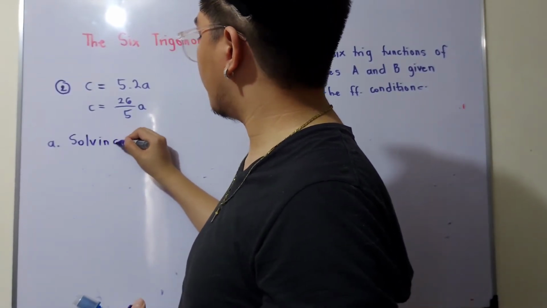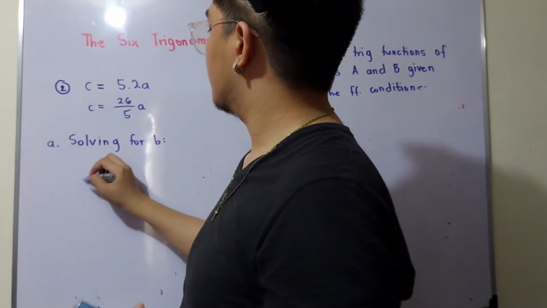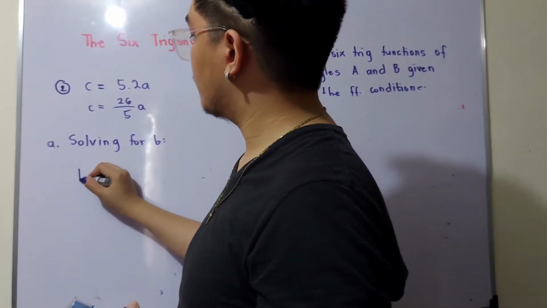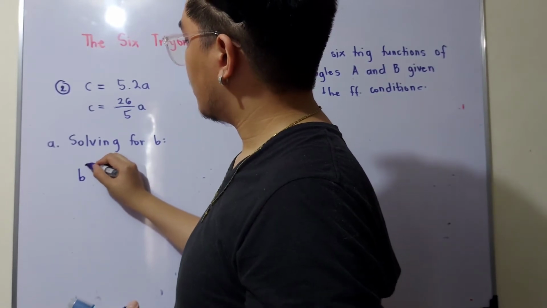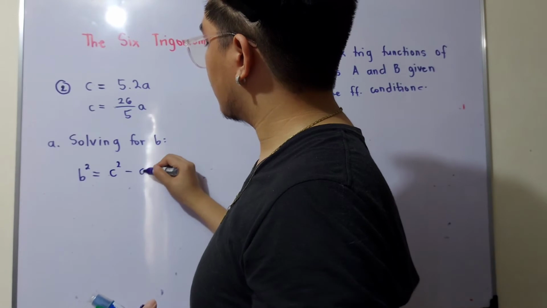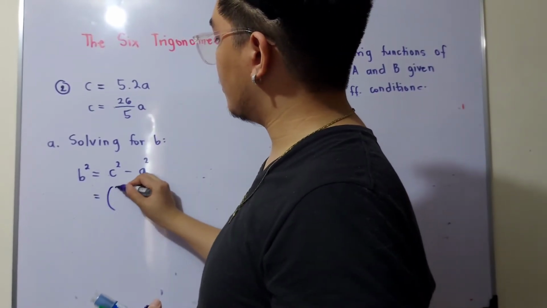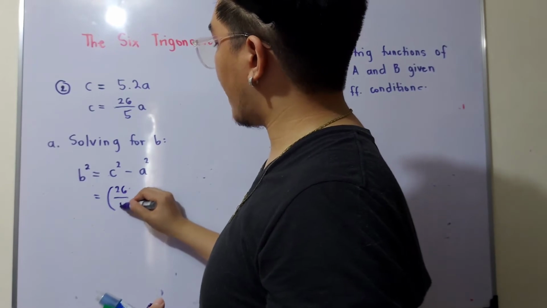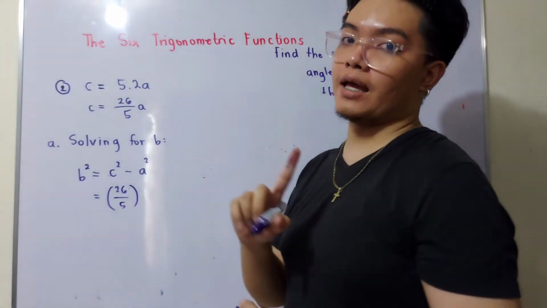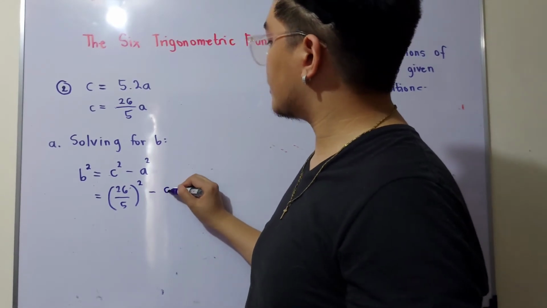Ayan, so let us solve for B. So, solving for B, i-B squared muna natin. So, si C squared, lalagay natin dito. So, 26 over 5, squared, minus A squared.